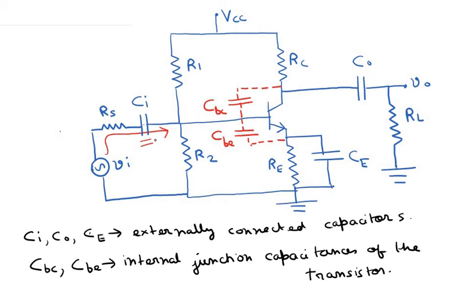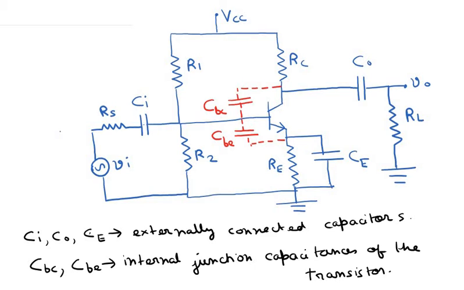So the AC component of the base current is reduced. If the AC component of the base current is reduced, then the AC component of the collector current would also be reduced, which would reduce our voltage gain.